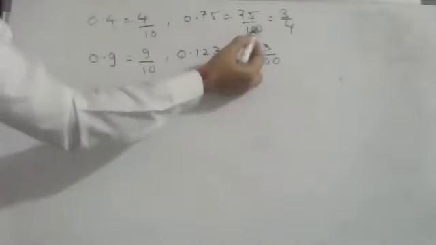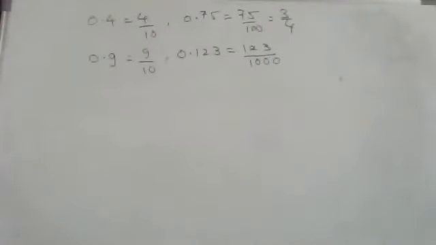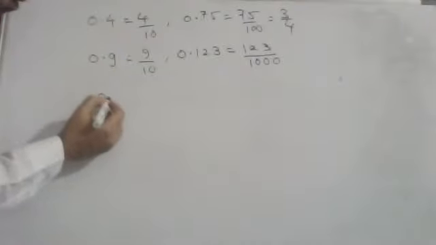Two numbers, you are writing 2 zeros. One number, one digit, you are writing 10.